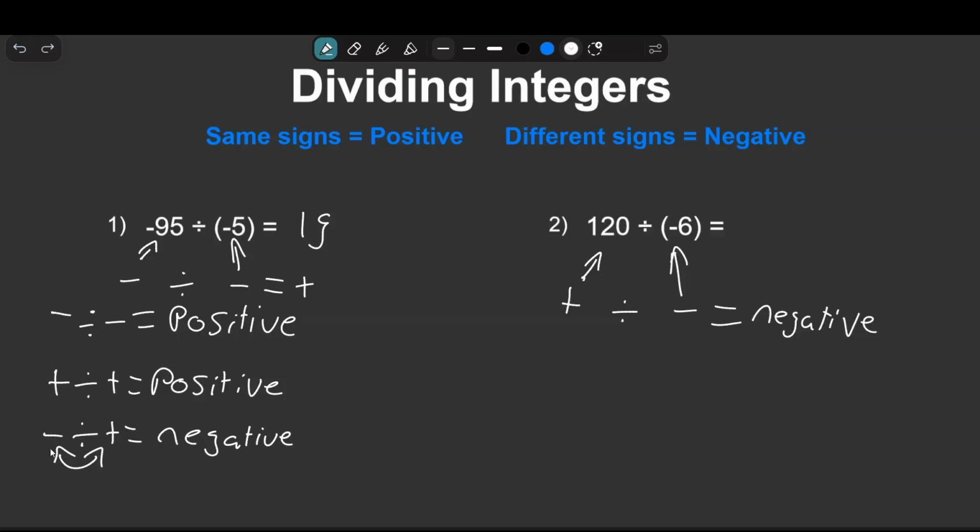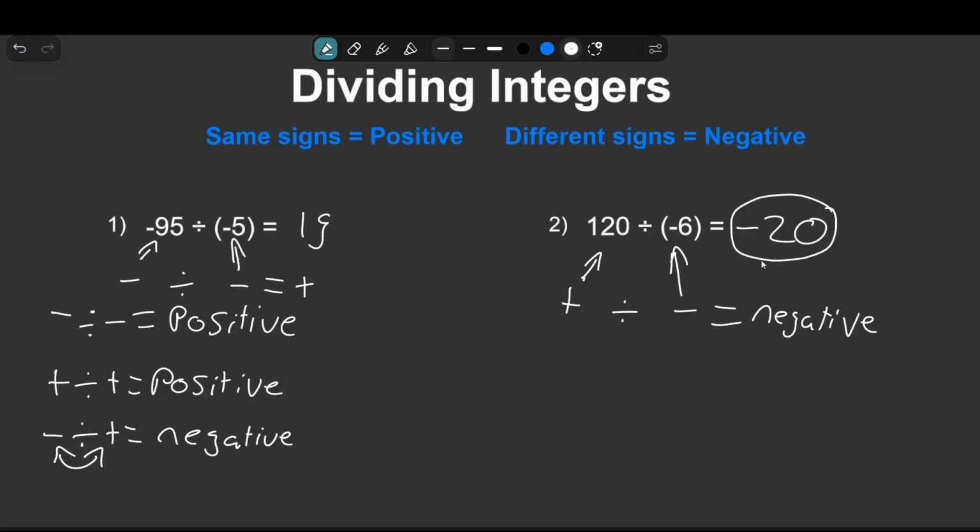Just like here, negative divided by a positive number will equal a negative number. So 120 divided by minus 6 will equal a negative number. So our final answer will be minus 20.